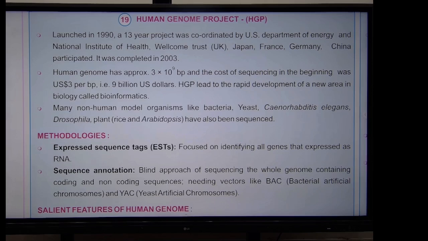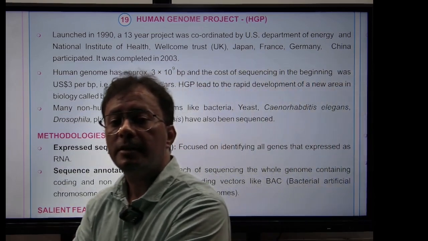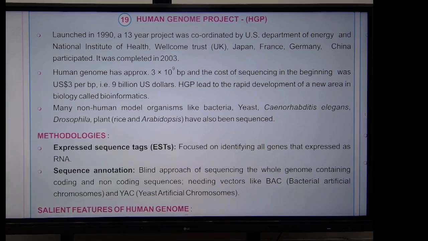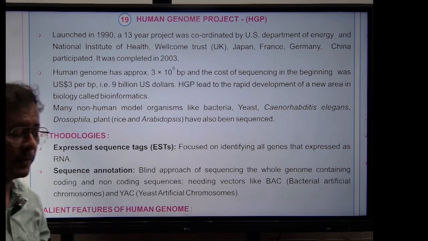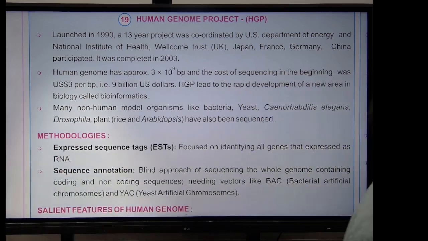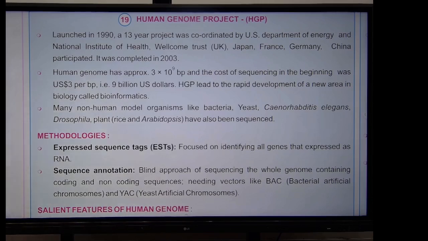And they found that the human genome is approximately 3 x 10^9 base pairs, and the cost of sequencing was about $3 per base pair, which is around 9 billion US dollars. And they used many non-human model organisms to amplify the genes, like bacteria, yeast, and Caenorhabditis elegans, a nematode, Drosophila, and the plants include rice and Arabidopsis, right?